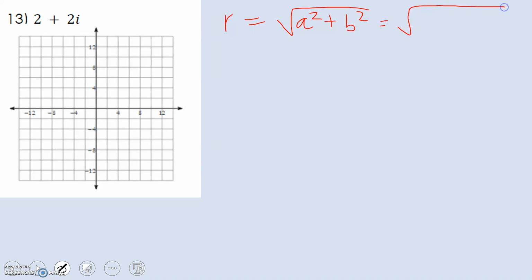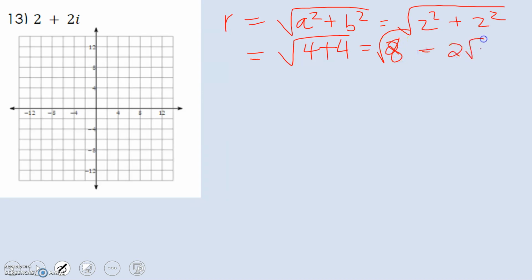So we take the square root of 2 squared added to 2 squared. By doing that, we get root of 4 plus 4, which is root 8, which is equal to 2 root 2. So that is the value of r.